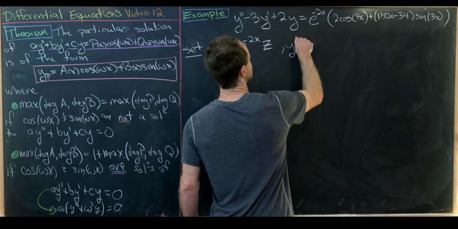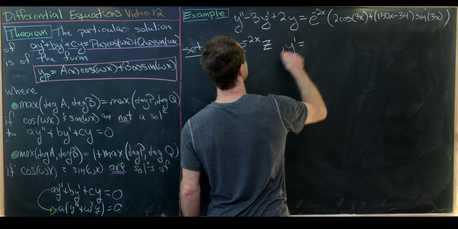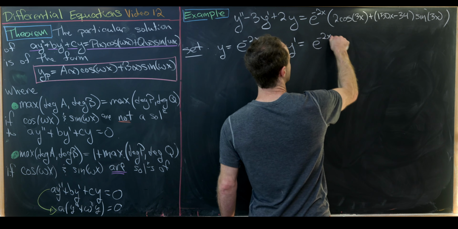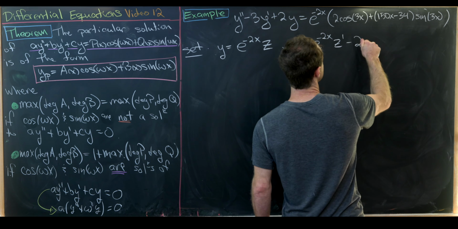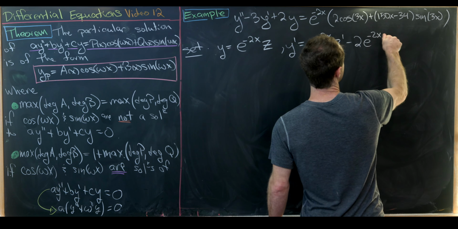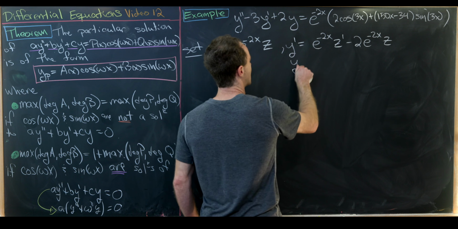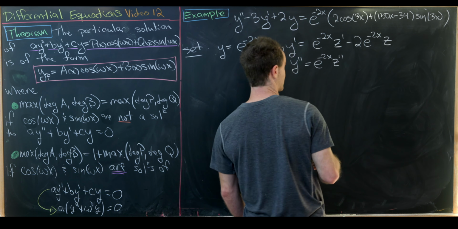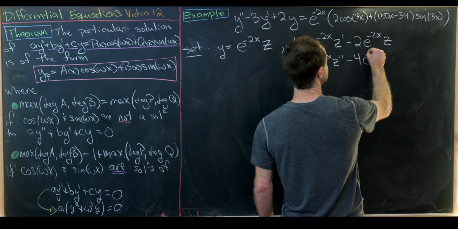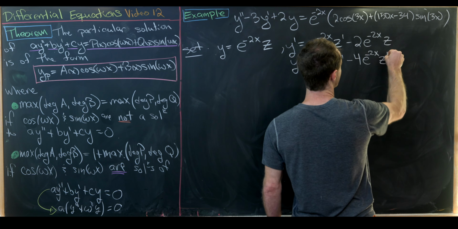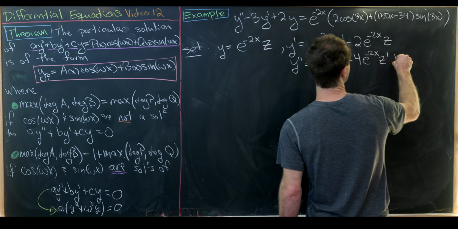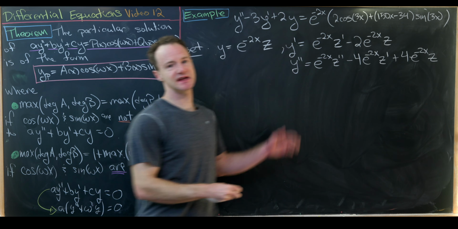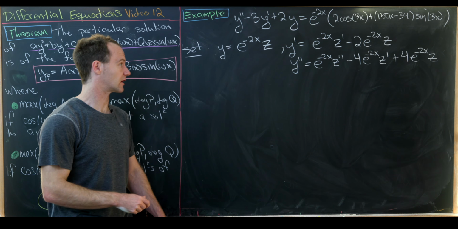So notice that means y prime is equal to e to the minus 2x times z prime minus 2 e to the minus 2x times z, and then we'll have y double prime equals e to the minus 2x times z double prime minus 4 e to the minus 2x z prime, and then finally plus 4 e to the minus 2x times z. That's just from taking the derivative, being careful about all of our rules.